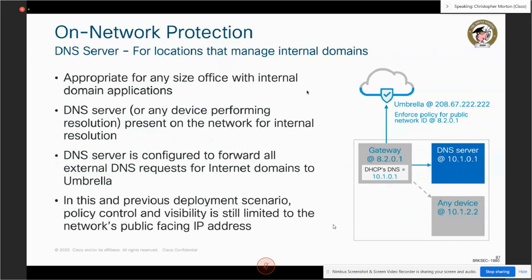As we're looking at the on-prem location, if you have an on-prem DNS server, it's relatively straightforward to be able to point your DNS. Most often people are currently utilizing Google DNS or their ISP for DNS protection.